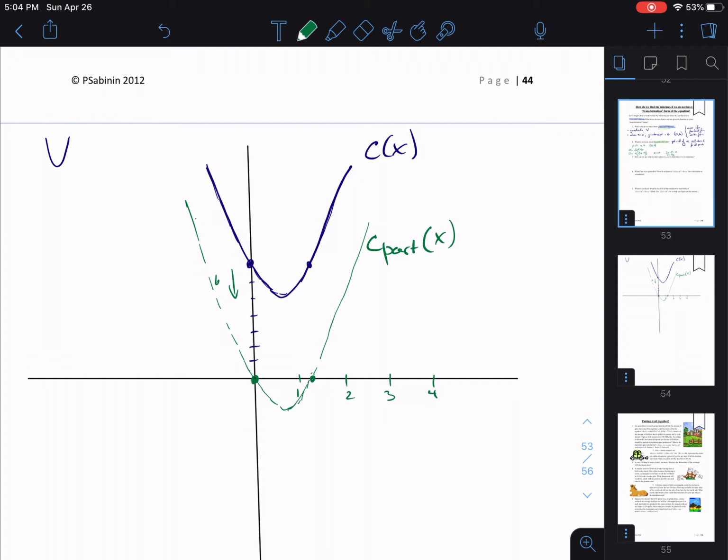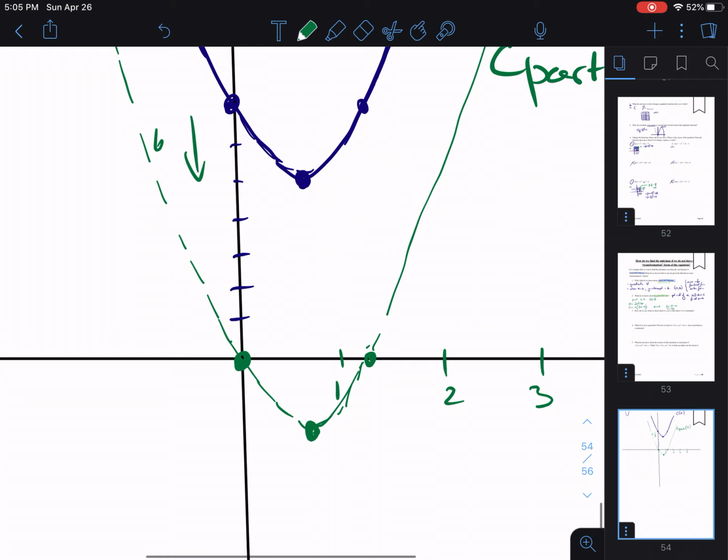Now, if I really want to know where my vertex is here, where is this point? I could find that one, or I could try to figure out where that point is too, because they're just shifting by 6 up or down. Well, if we zoom in here, where do you think the vertex is going to be?